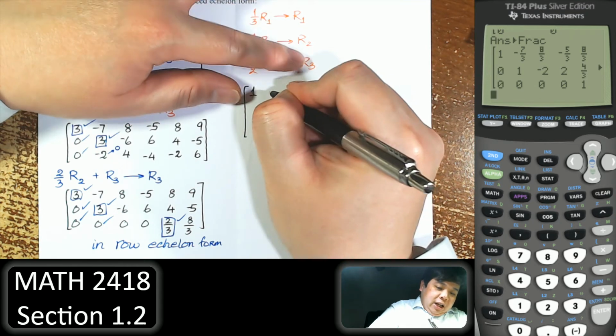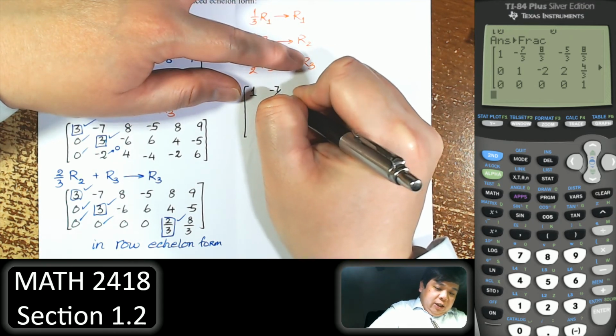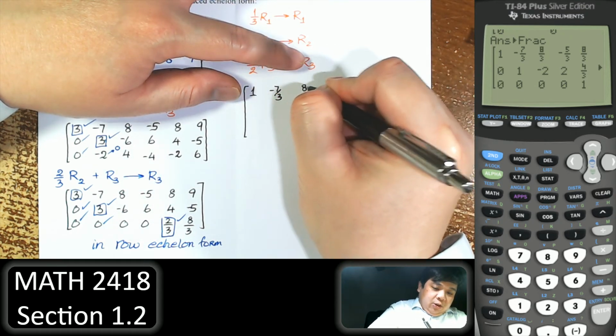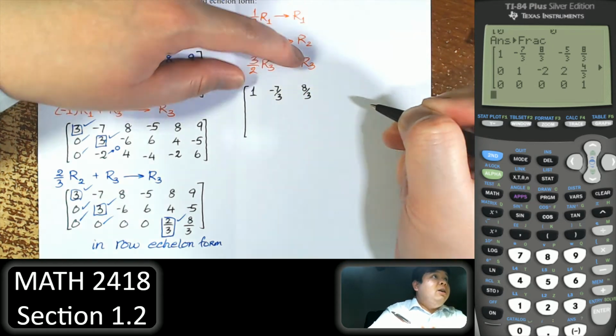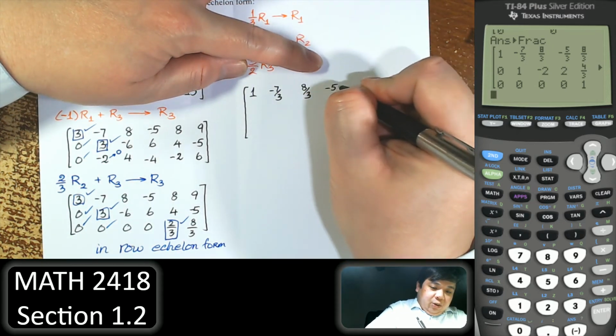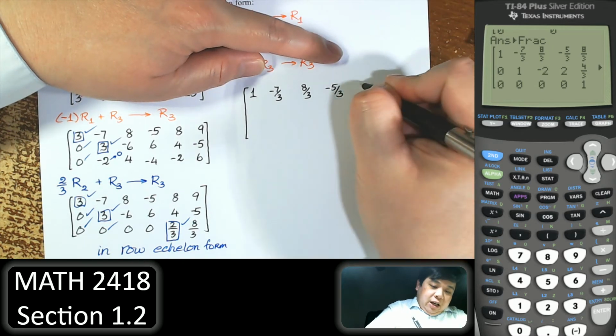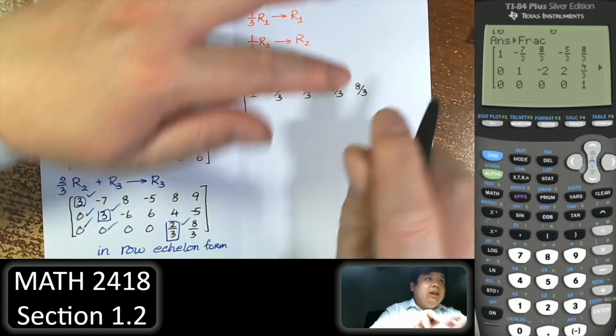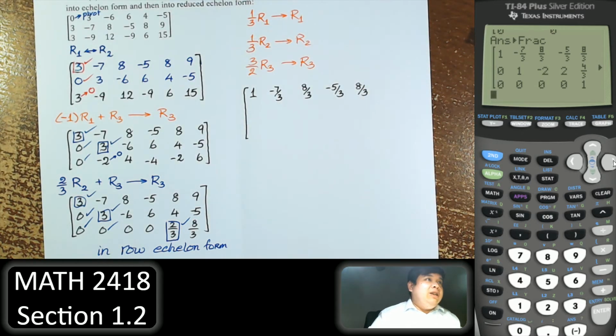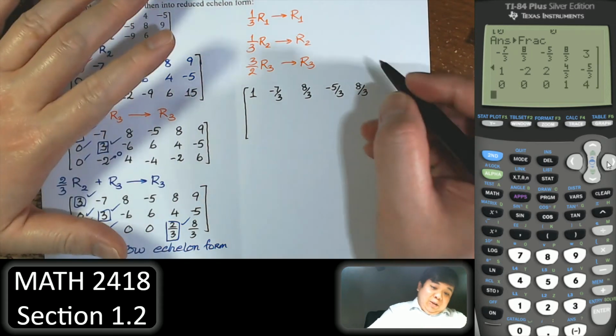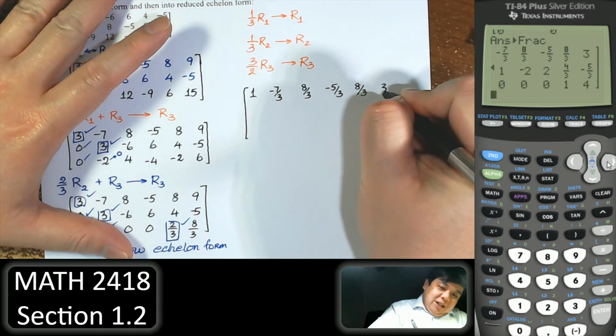One, negative 7 over 3, 8 over 3, negative 5 over 3, 8 over 3. There's a better way to do this, don't worry.